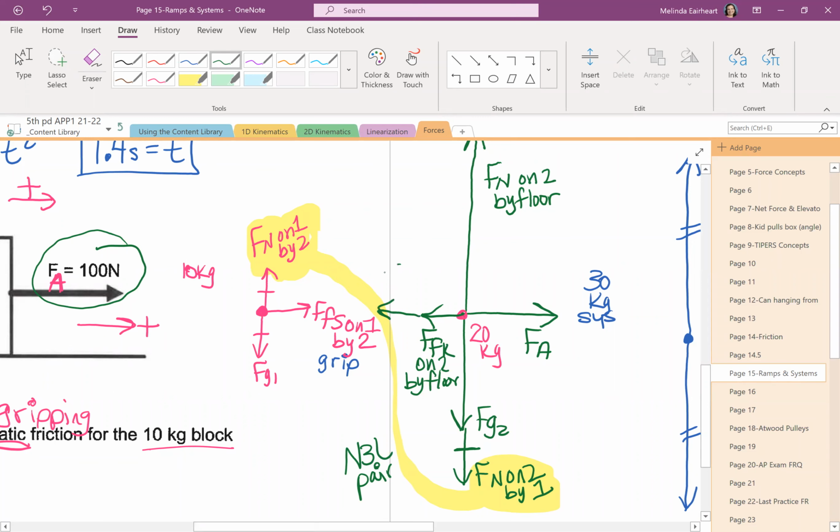We're going to have another frictional force on 2 by 1. And this is, I'm going to label it, the grip at the top of the object. Does that sound familiar? I grip on you, you grip on me. New highlighter. What have we identified? Equal and opposite forces?